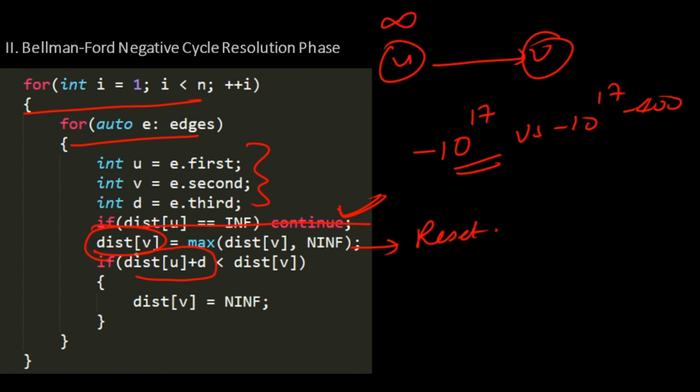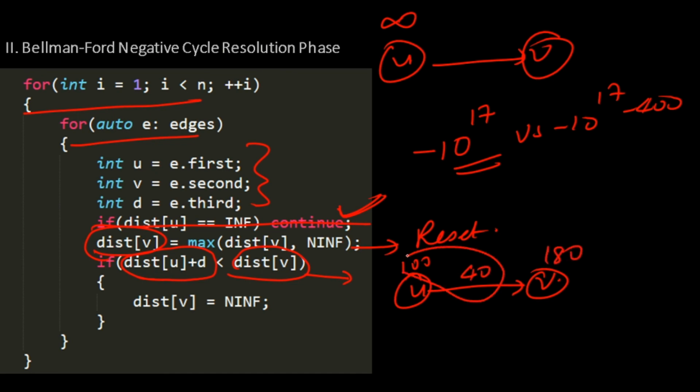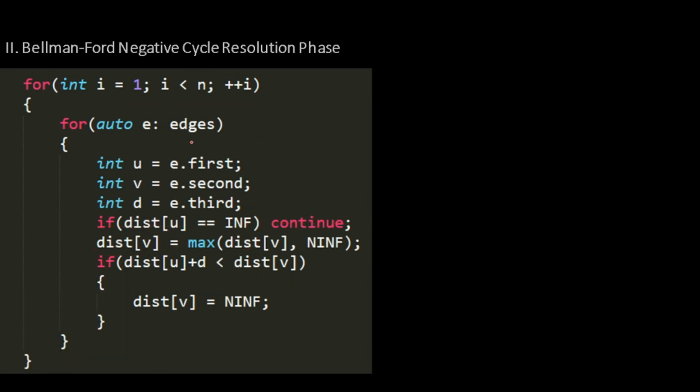So next step, if the distance of u plus d is less than the distance of v, what does this mean? This is edge uv. So if this is 100 and this is 40 and the distance here was 180, it means we will perform a relaxation. It will become 140. But remember, by the time we are reaching here, we have already covered n minus 1 cycles.